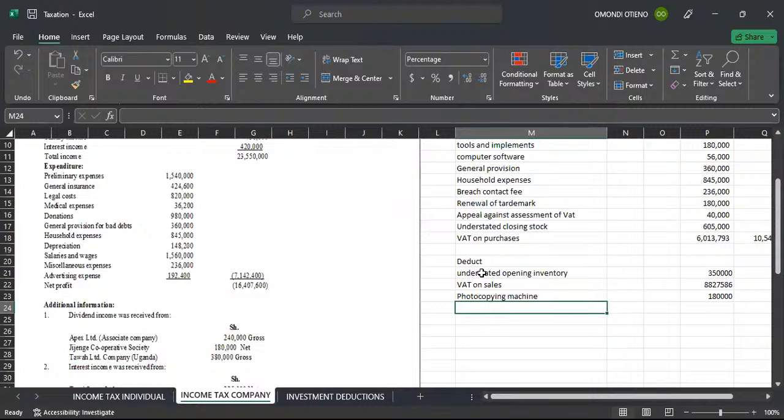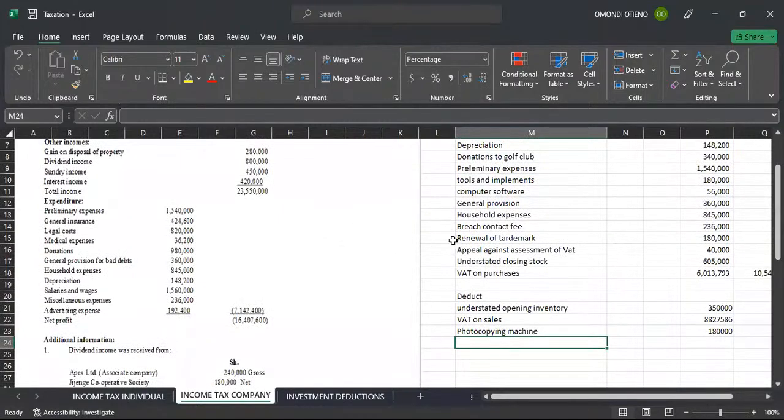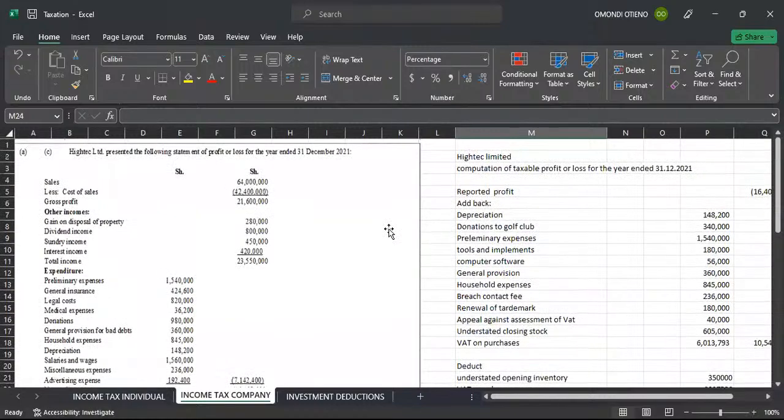So most of the things that you're going to deduct here is the allowable, which has not been deducted, and also any revenue that should not be recognized when you're calculating taxes. So gain on the sale of any asset which is received there should not be placed as an item that increases the taxable income.